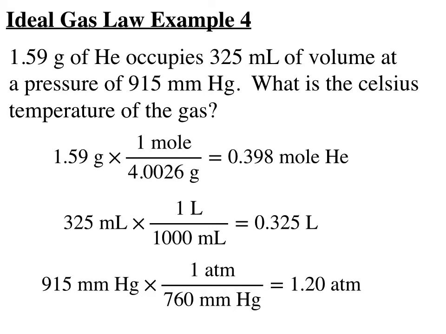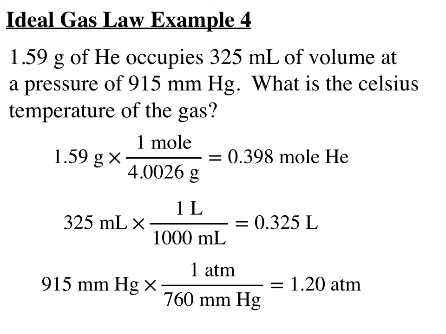But since R has units of liter, atmosphere, K, and mole, that means the material amount has to be in moles of stuff, the volume has to be in liters of space, and the pressure has to be in atmospheres of measurement.